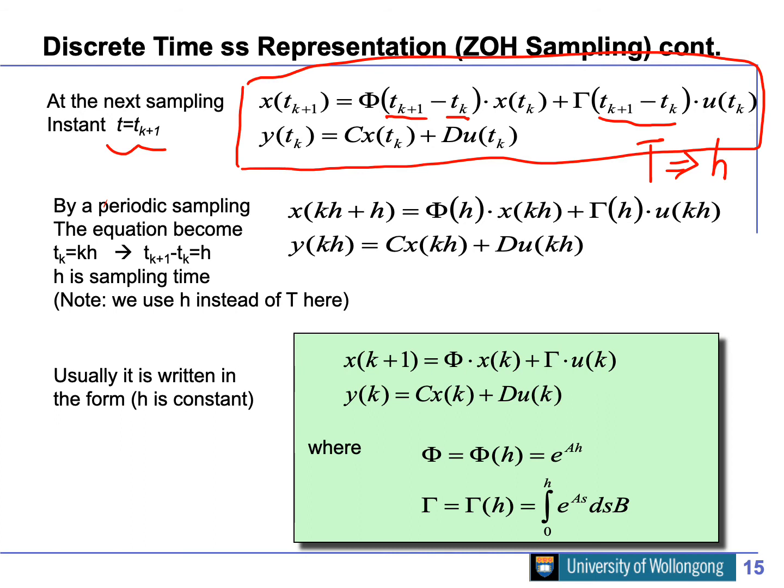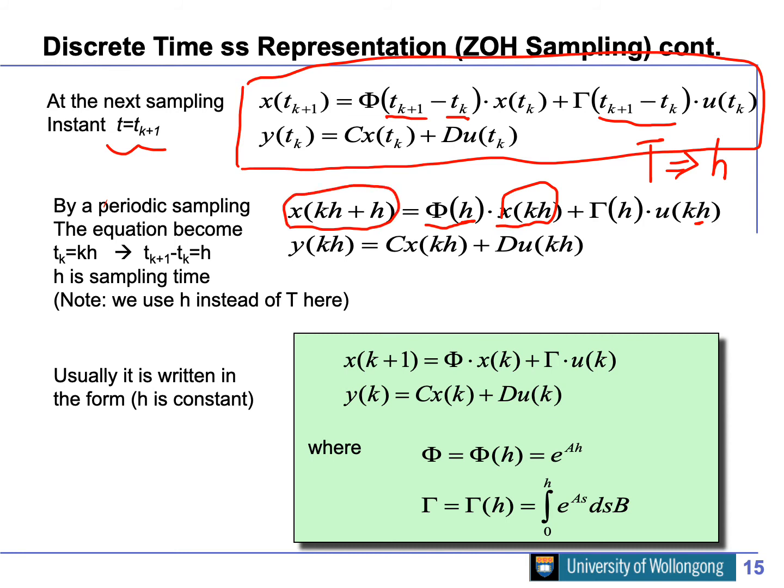So we use another symbol, h, to represent the sampling period. Looking from top to bottom, this is the next sampling time and this is the previous sampling time. You have phi(h), and x(tk) becomes x(kh). That's the k-th sampling time, so this converts from the k-th sampling time to the (k+1)-th sampling time.